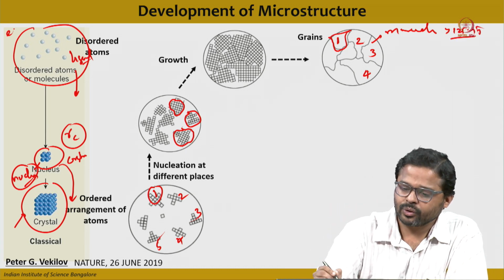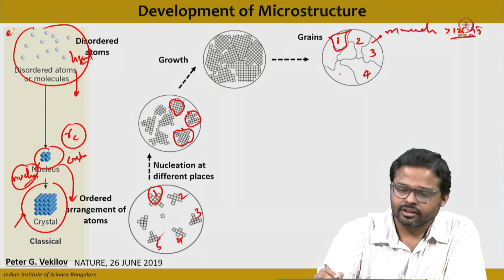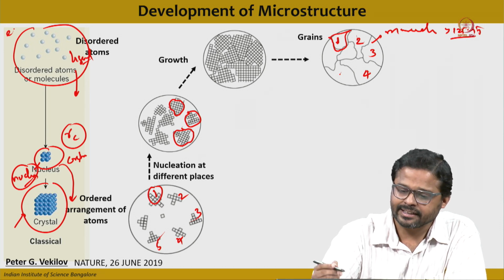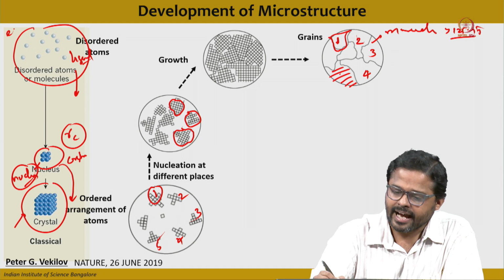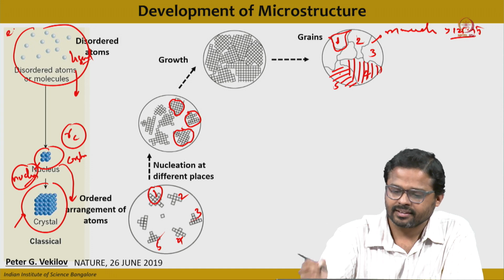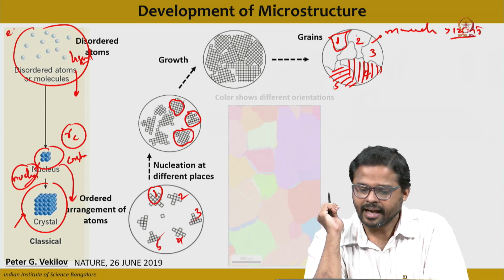So it means that the orientation of the crystal structure in grain 1 is different from grain 2. Correct. Now if there are atomic planes in this direction in grain 5, in grain 4 these same atomic planes will have a different orientation. Correct. So this is how the overall microstructure of the alloy develops.